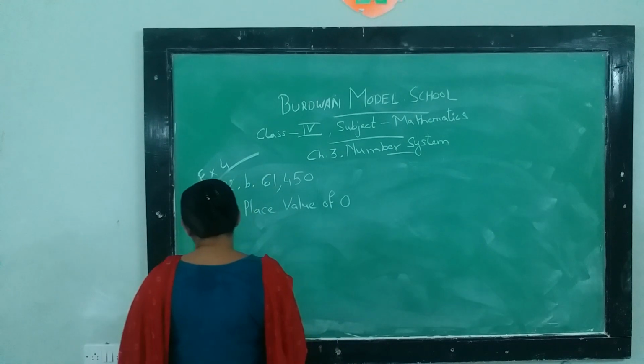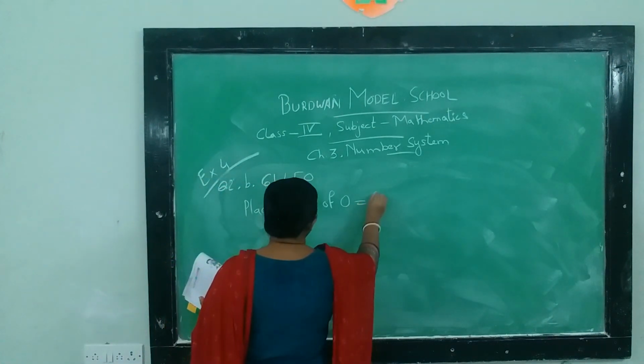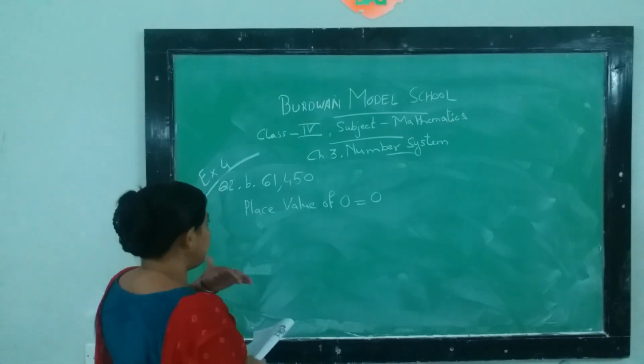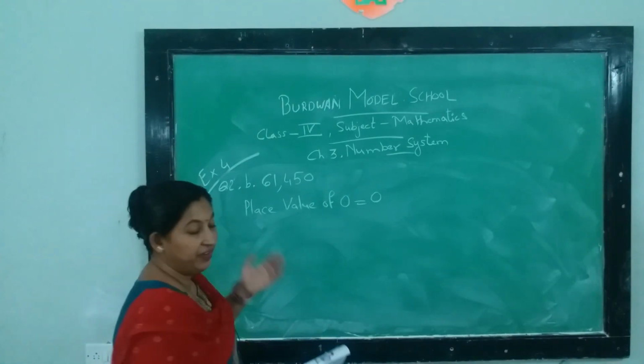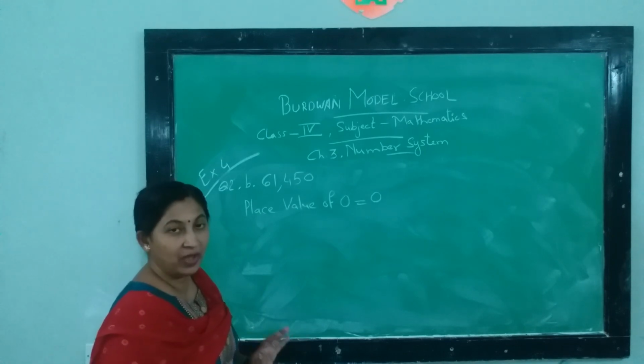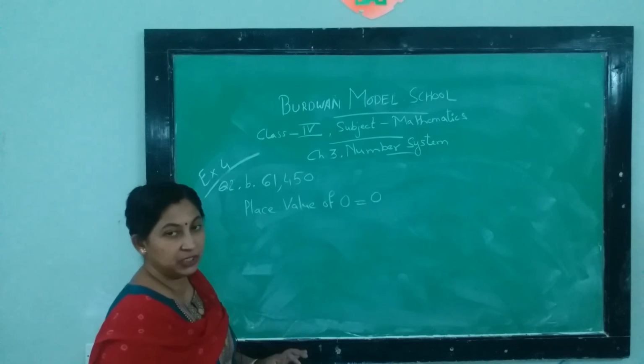Place value of 0 is 0. Wherever the 0 is, always the place value of 0 is 0. If it is in ones place, tens place or 100 place, wherever it is, you have to write the place value of 0 as 0.